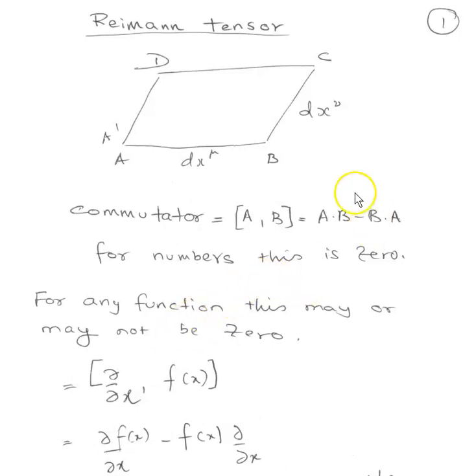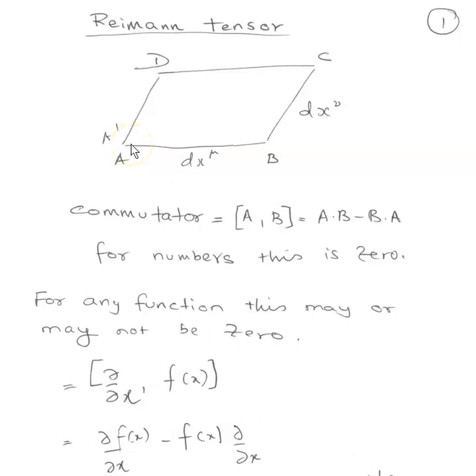So let's look at the Riemann tensor. If you look at a parallelogram drawn on a curved surface, we need to capture the curvature going A to B, B to C, C to D, and D to A. Actually in the Riemann tensor we take three vectors, go A to B, B to C, C to D, and come back to A, and the vector would change.